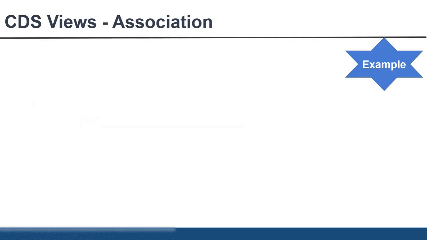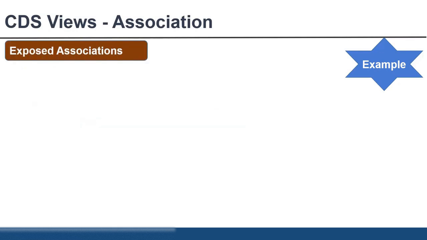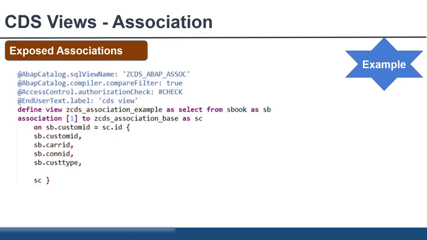Now we'll see an example of an exposed association. Here's the example CDS view of exposed association. We select data from SBook and it is associated to the base view that we saw earlier, ZCDS_association_base, and the exposure is done just by mentioning the alias SC as one of the fields of the view.